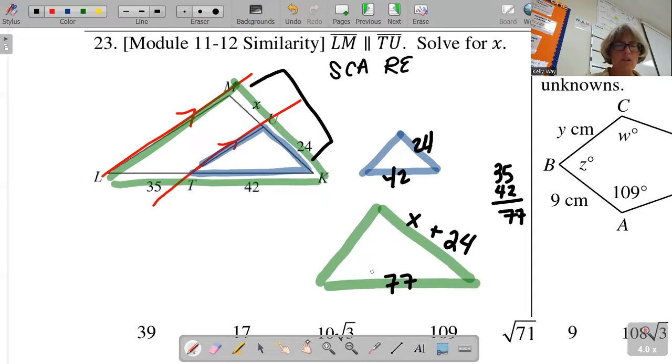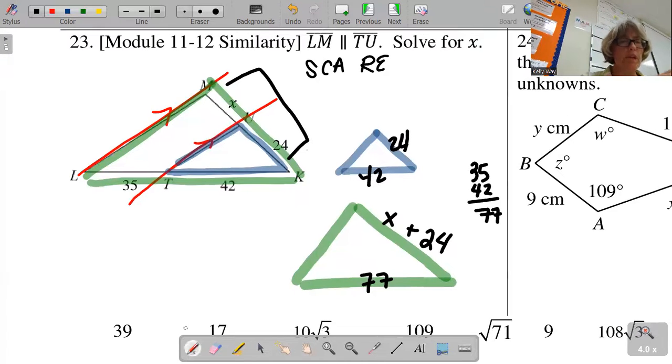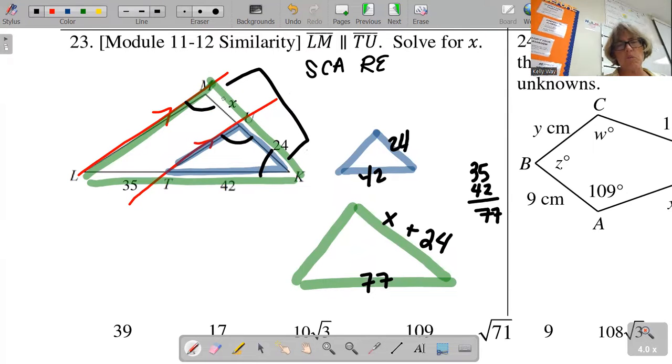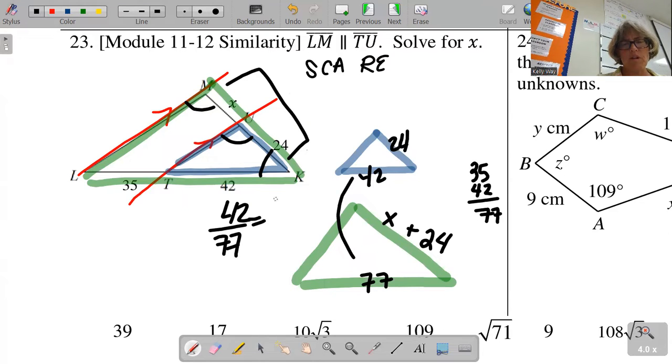77. And if these triangles are similar, which they would be because of the parallel lines, because you'd have angle, angle going on here, you could make this proportion: 42 over 77 equals 24 over x plus 24, cross multiply.